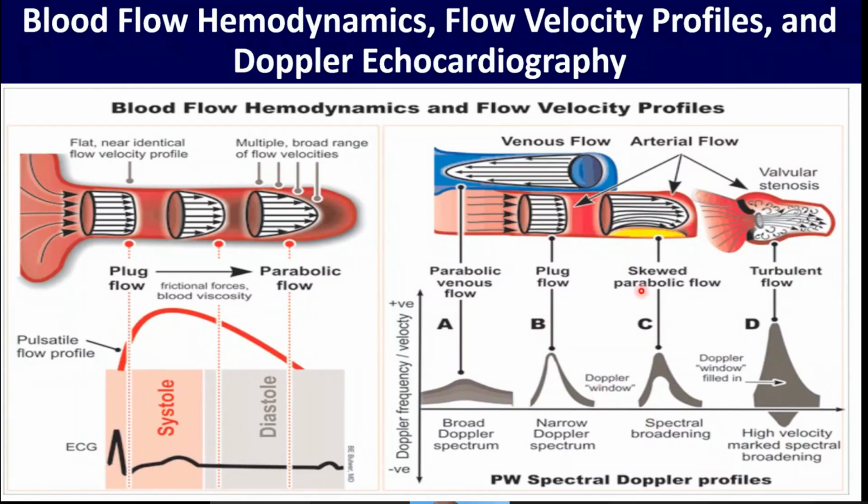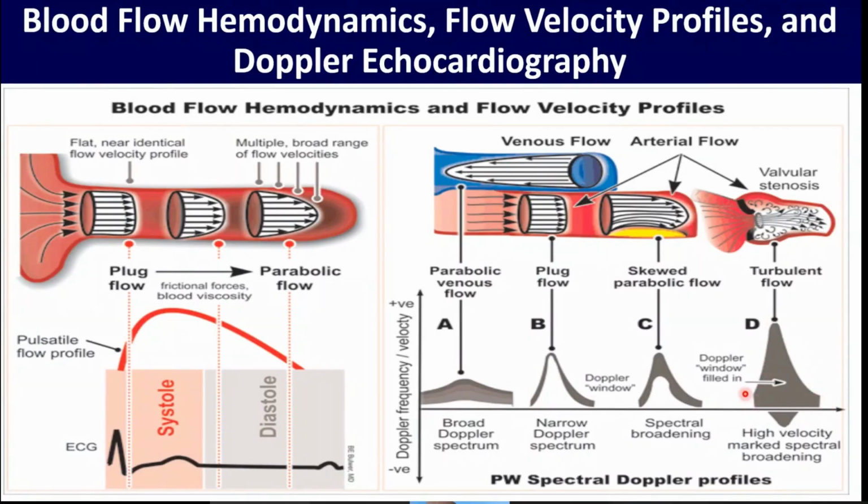And if there is some slight turbulence because of an atheromatous plaque, there is slightly skewed parabolic flow. If there is valvular stenosis, the potential energy is converted into kinetic energy, in which case the velocity will be increased tremendously across the stenotic valve.